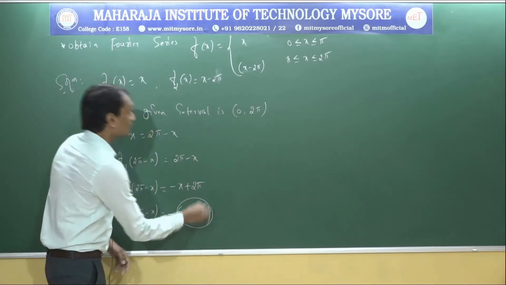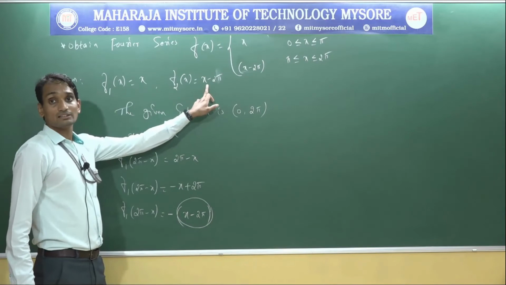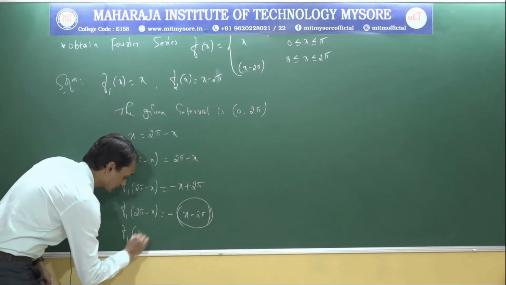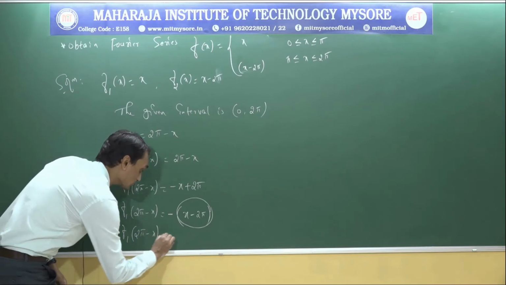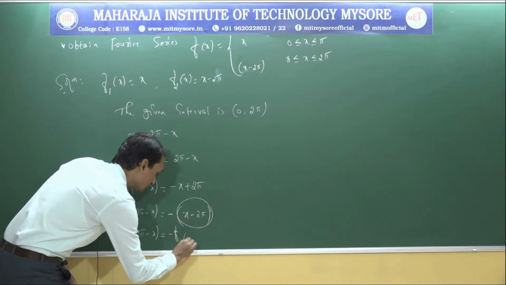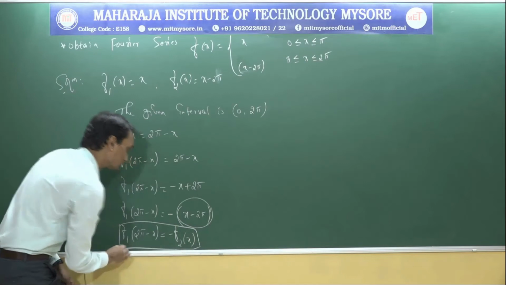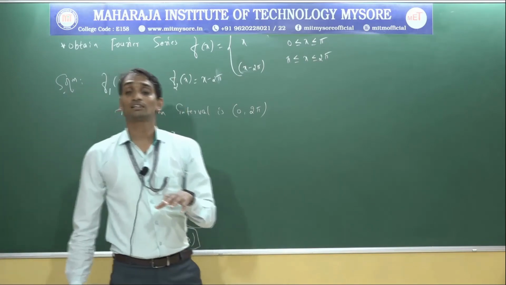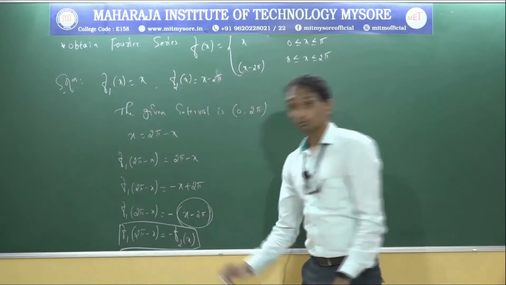Now see, x minus 2 pi is nothing but the second function value, that is f2 of x. So we can write f1 of 2 pi minus x equal to minus f2 of x. We got the negative value, minus f2 of x.